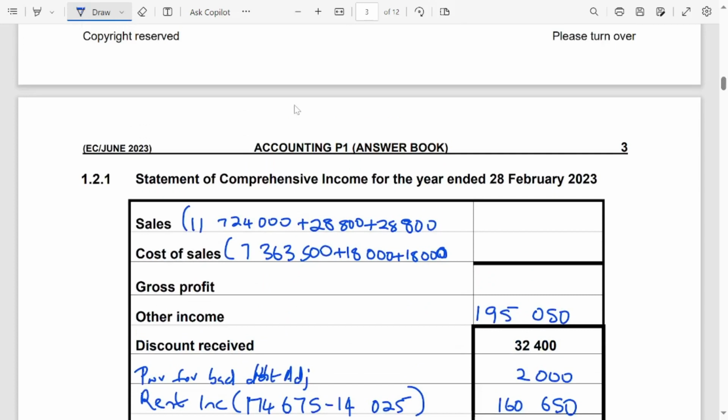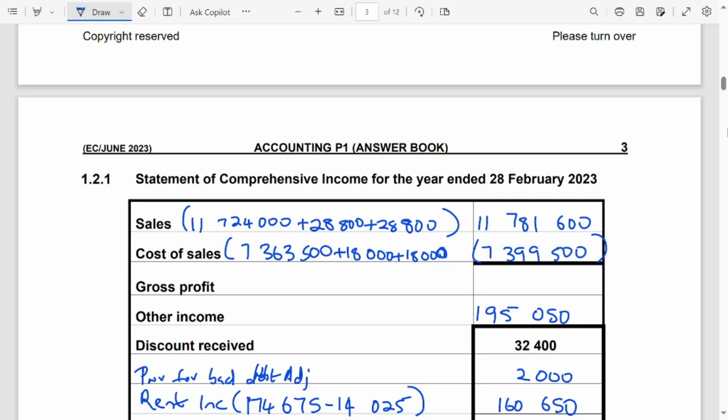And then now sales, 11,724,000 plus 28,800. So it's 11,752,800. And then the cost, 7,370,700.